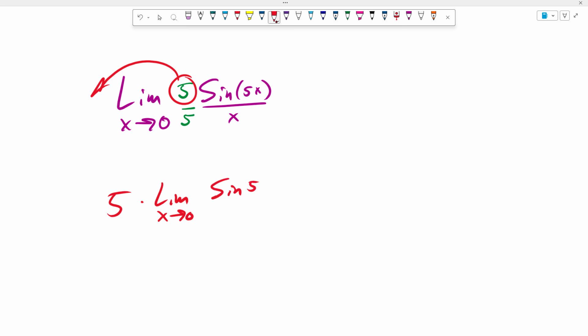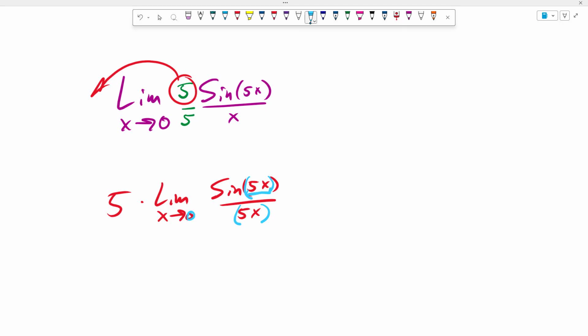And why did you want that? Now the denominator is the same as what's inside the trig function. So even though it's not sine of x over x, it's the same exact thing. As x goes to 0, 5x also goes to 0, and this goes to 0 at exactly the same rate.